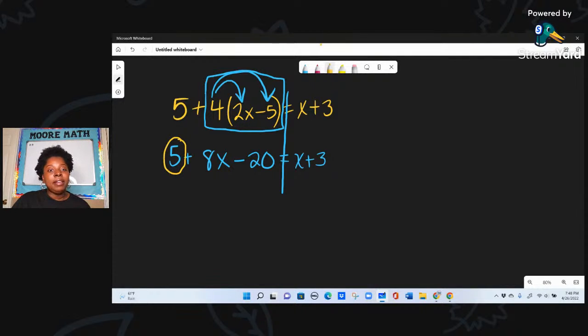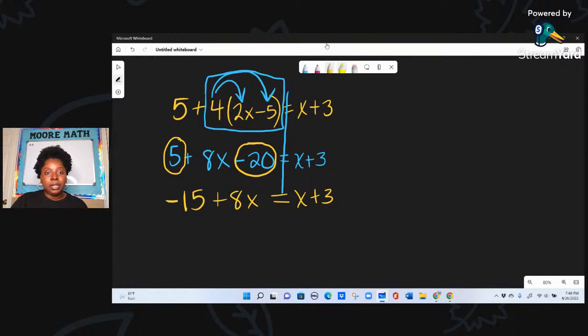I see a 5 and I see a negative 20. 5 plus negative 20: 5 of those negatives are going to cancel out with 5 positives, and I'm going to have leftover 15 negatives. Plus 8x equals x plus 3.